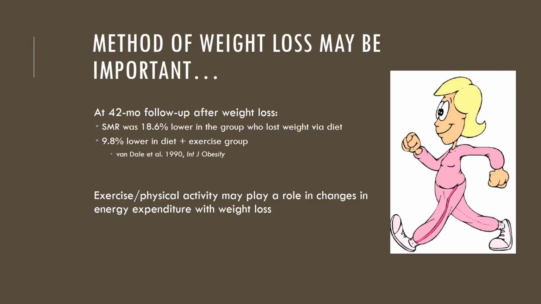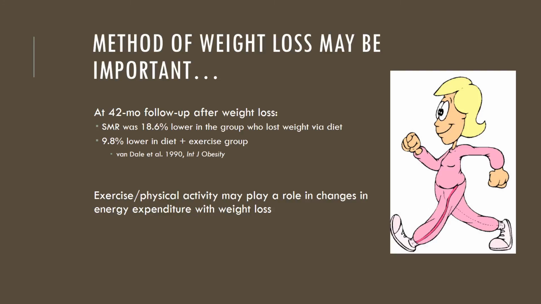So everybody had a decrease in metabolic rate, but that drop-off was less in people who exercised also. Probably the reason is that exercise and physical activity maintains or builds muscle mass. And muscle is a tissue that is metabolically active compared to fat, meaning it burns calories.